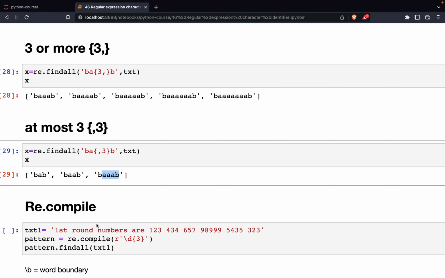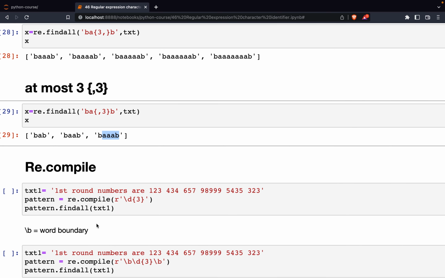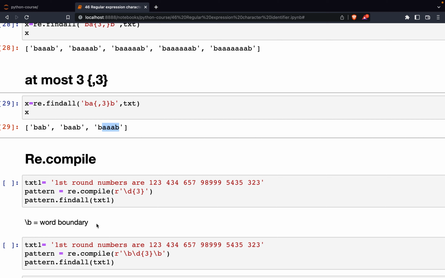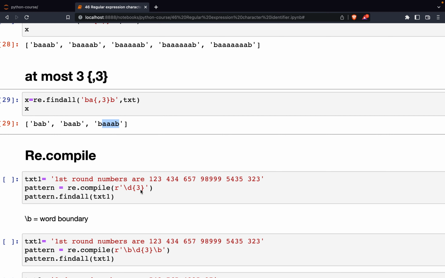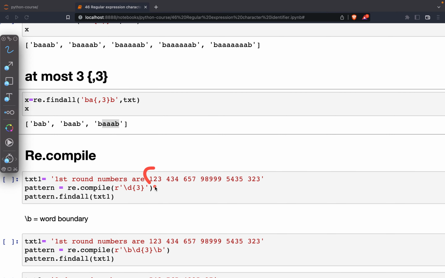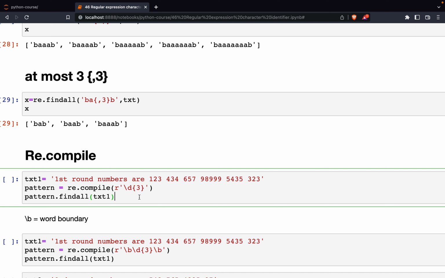And sometimes we will want to use the pattern again and again. So for example, if you just want to find those numbers with 3 digits, you can use the pattern with re.compile, and then we use the pattern to find all in text 1.